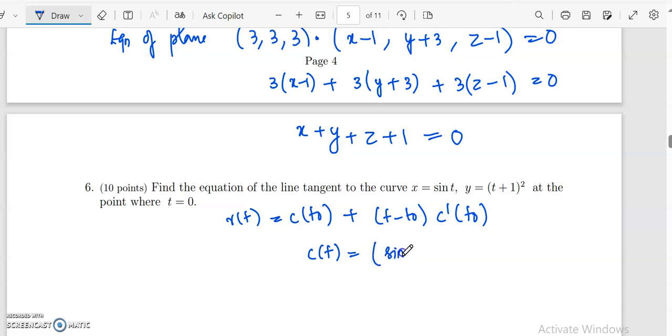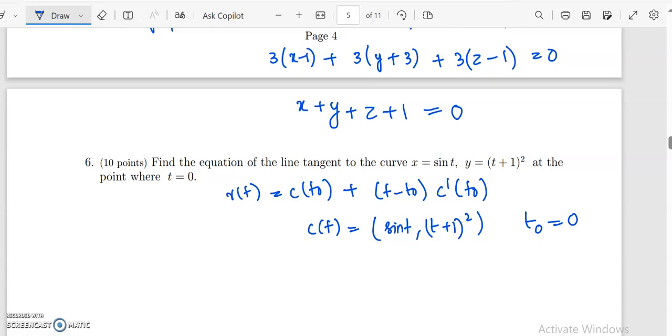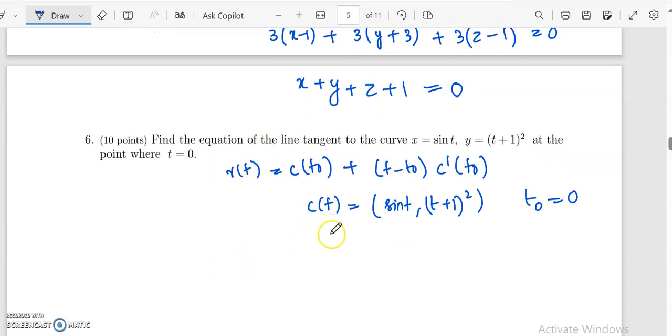So that will be (sine t, (t plus 1) whole square), and t naught will be 0. So this is c of t, and c dash of t will be (cos t, 2(t plus 1)).